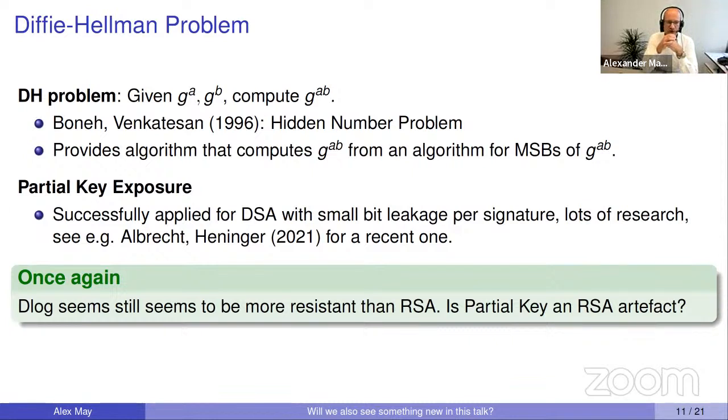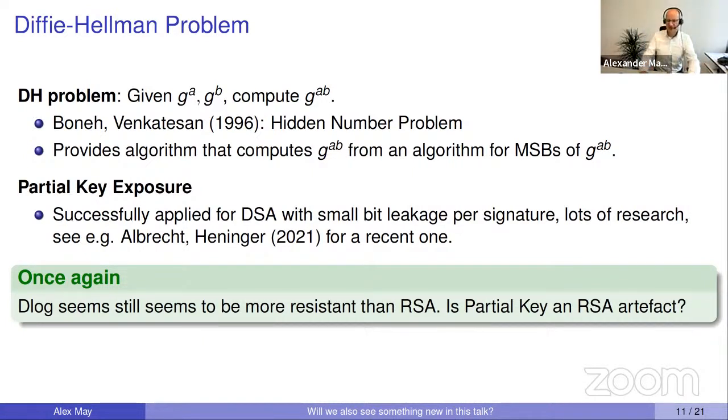And the conclusion of many people is that partial key exposure is really an RSA artifact, right? It's really true for RSA that sometimes it breaks down. I leak you some bits and you get polynomial algorithms, but it's not true for all the other cryptosystems. You can consider it a weakness of RSA.